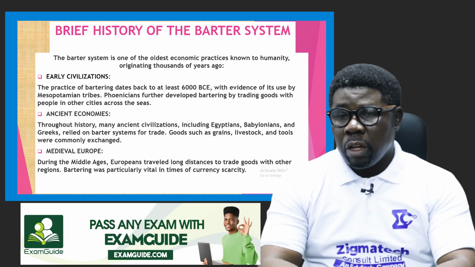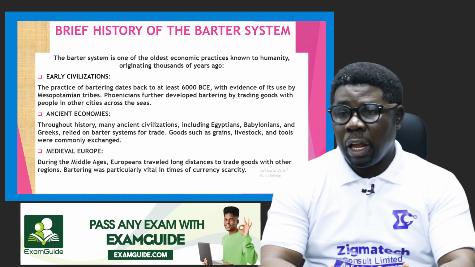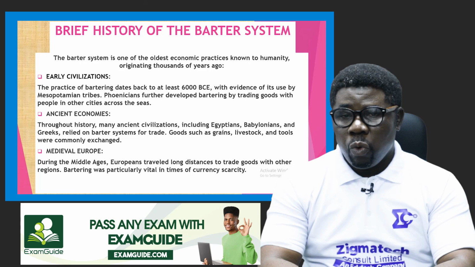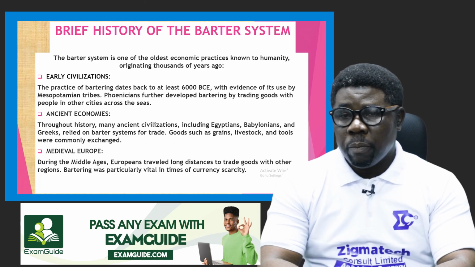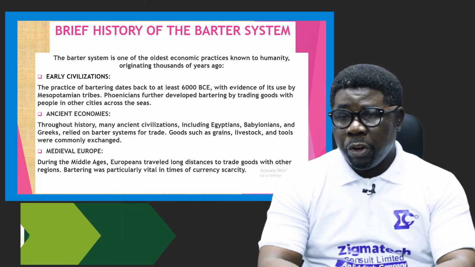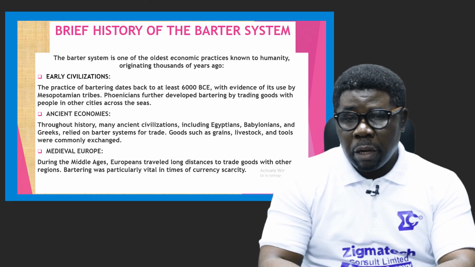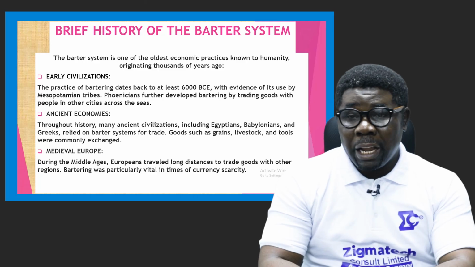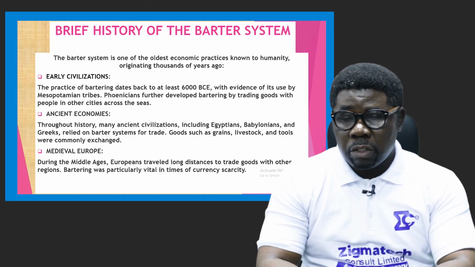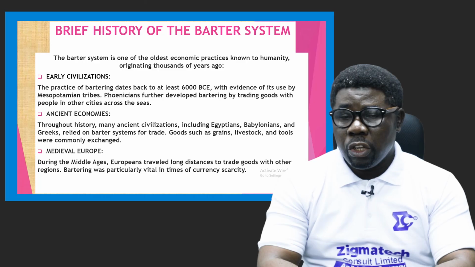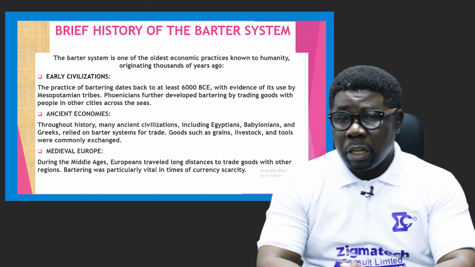Goods such as grains, livestock, and tools were commonly exchanged, because in those eras they were mostly farmers. They needed these things to farm in large amounts and also sell.